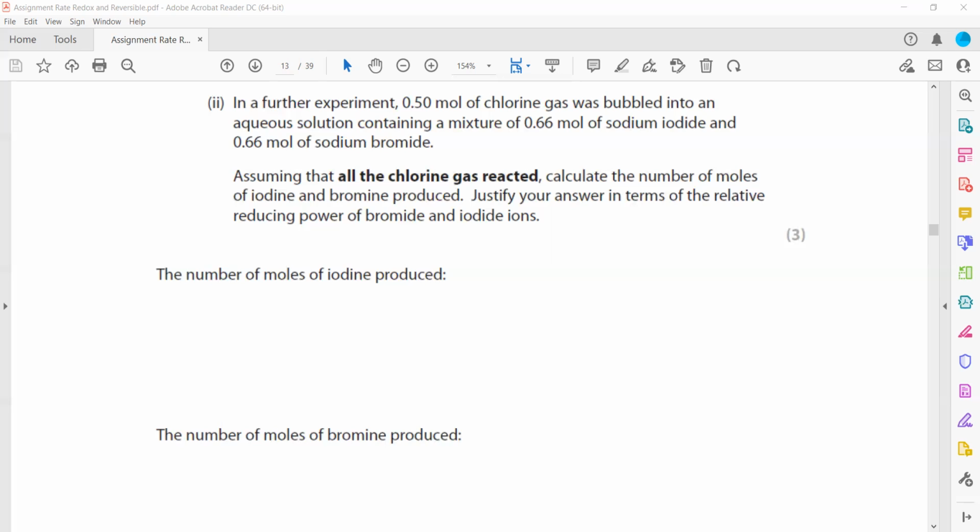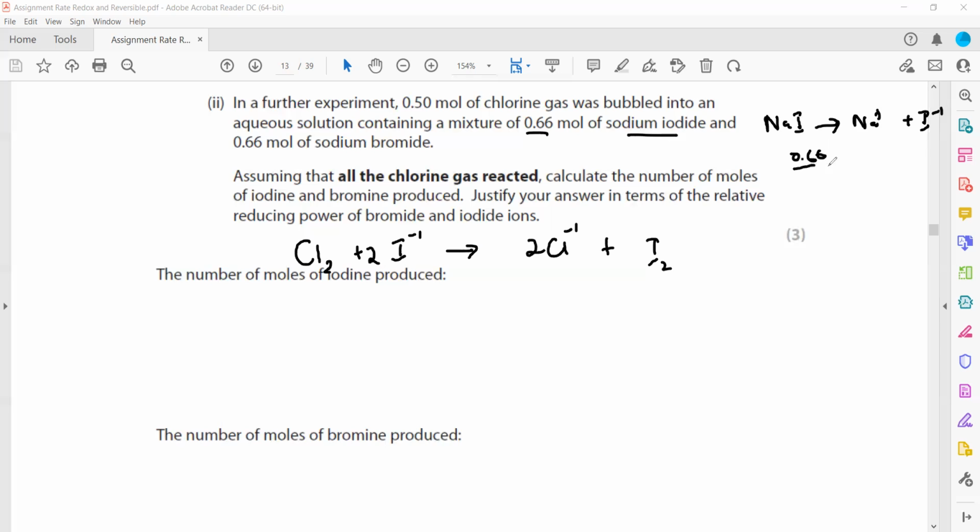We already mentioned the equation for the reaction between chlorine, Cl2, and the aqueous solution. 0.66 moles of sodium iodide means, when sodium iodide dissociates, it dissociates into one sodium ion and one iodide ion. So if we have 0.66 moles of sodium iodide, the same number of moles of iodide ion will be there.